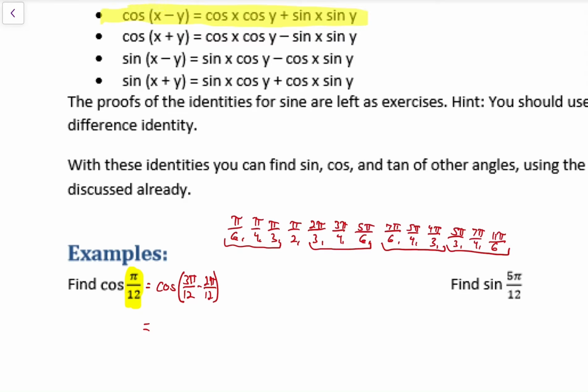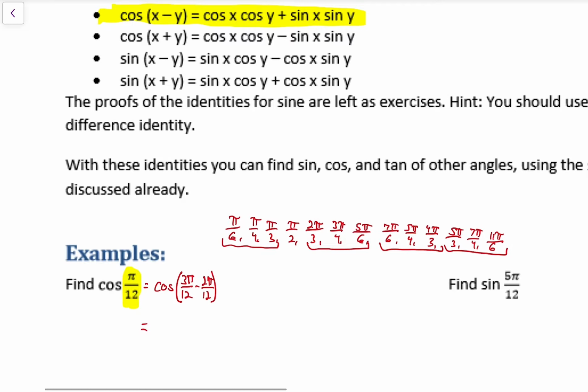It's the cosine difference identity, where x, in our example here, is going to be 3 pi over 12, which in what we're familiar with, if we reduce that, is pi over 4. And then y is the 2 pi over 12 from our problem below, which is simply pi over 6.